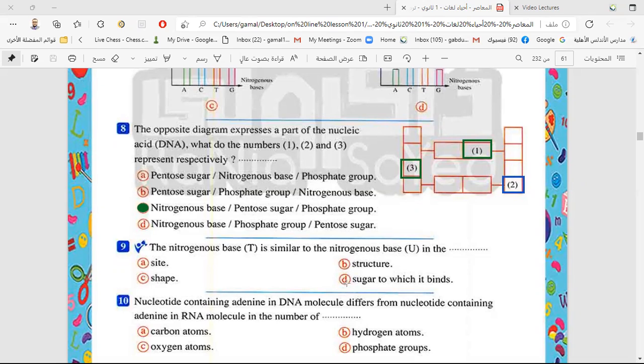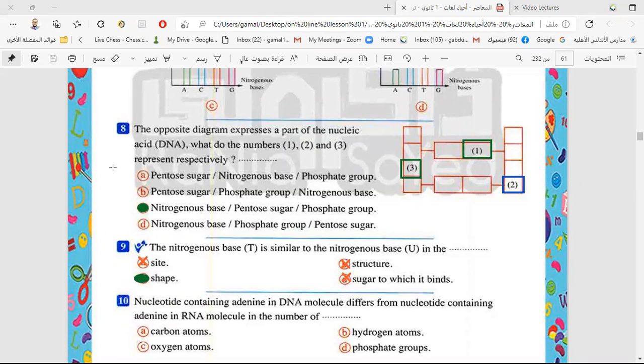They are not similar in the sugar, of course, because T binds to deoxyribose sugar and U binds to ribose sugar. So we can remove the incorrect answers. The site is wrong, the sugar is wrong. Now we have structure and shape. Are they different in structure or similar? They are different in structure, of course. So they can be similar only in shape. The correct answer will be shape.